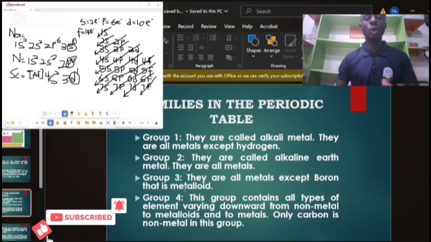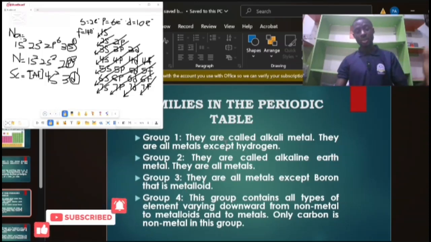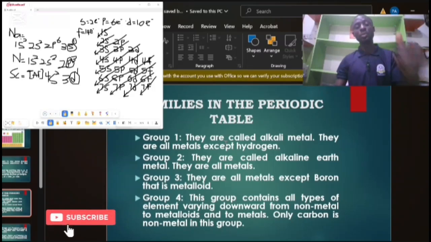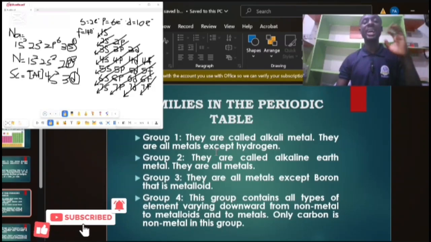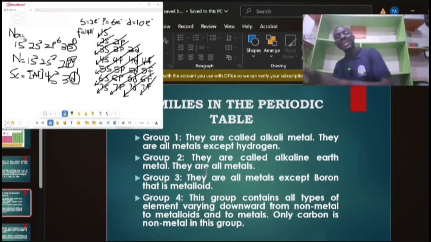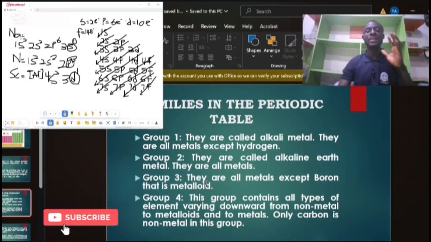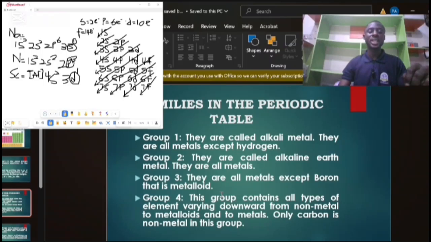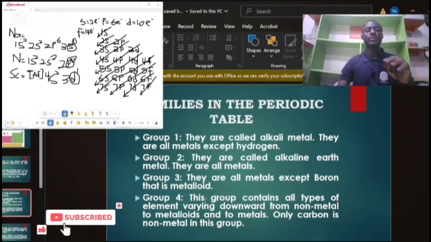Now let's come to group 3. If you go to your periodic table, you see elements that belong to group 1, and group 2 also. Check your periodic table. For group 3, all are metals except boron, that is a metalloid. Let's go to group 4.